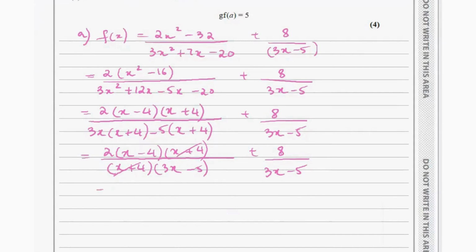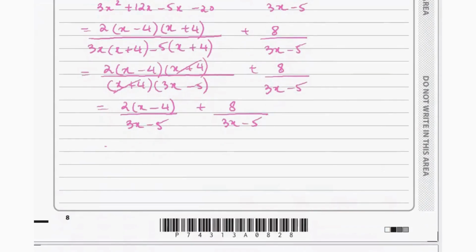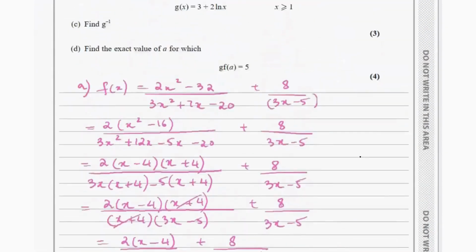And then we have 2 bracket x minus 4 over 3x minus 5, and then plus 8 over 3x minus 5. The denominators are exactly the same, so we can rewrite it as a single fraction and combine the numerators. 2 times x is 2x, 2 times negative 4 is negative 8, plus 8 comes as it is, and that is equal to 2x over 3x minus 5, as mentioned initially in the question.